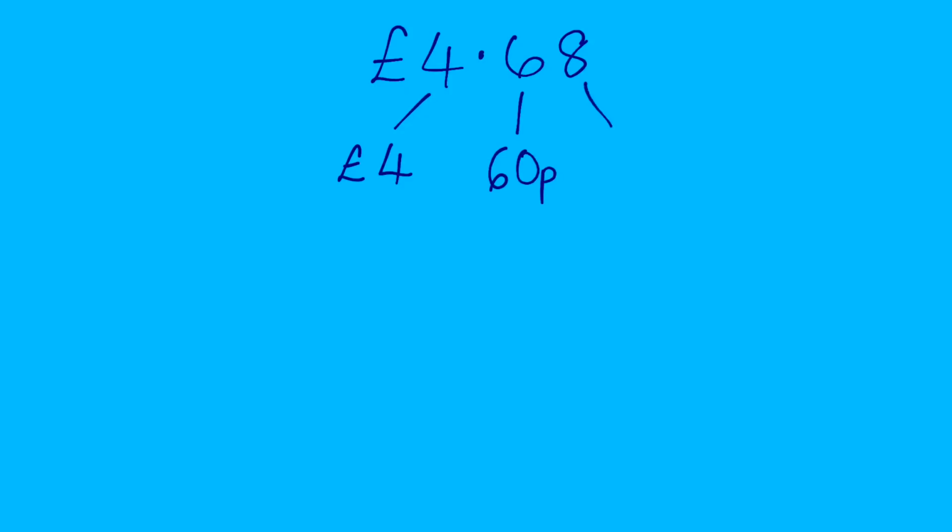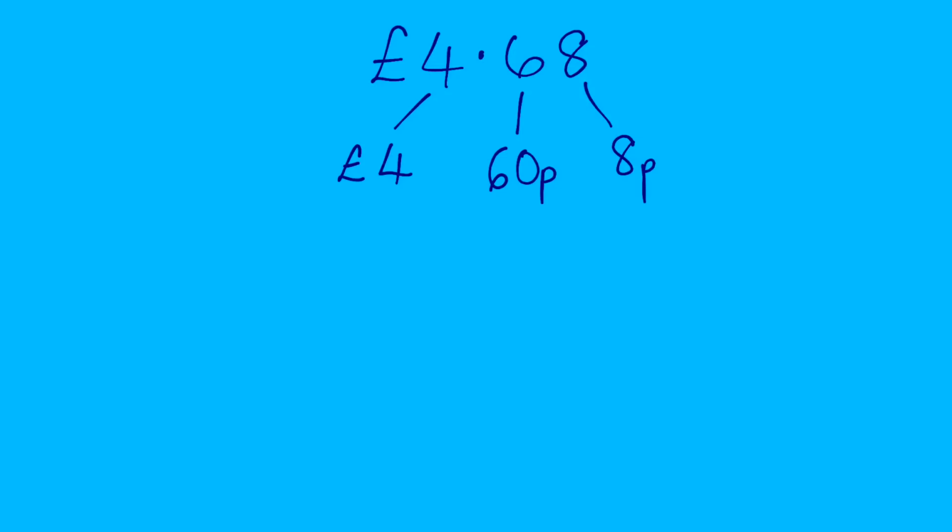What about if we wanted to halve some money? So let's say I've got £4.68 and I had to share that with my friends, so I need to halve it. So the first thing I'm going to do is partition again. And remember, this time we're partitioning into pounds. I've got £4, into 10 pences, I've got 60 pence there, and into the 1 pences, I've got 8 pence there.